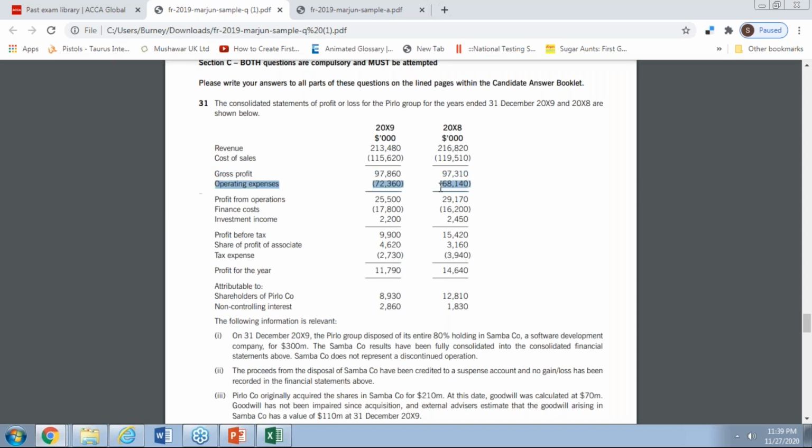Operating expenses, operating profit margin, finance cost, investment income. Then you can see here there is a share of associate profit that has been booked. Tax expense, lowering the profits as compared to the previous year, and distribution between the owners and NCI.